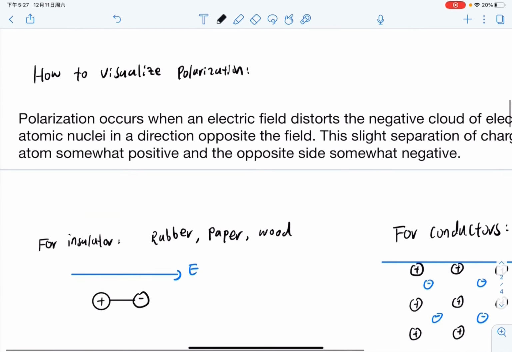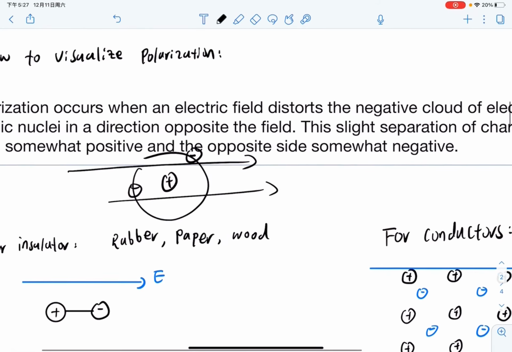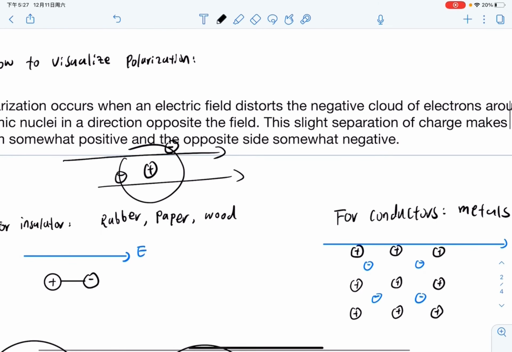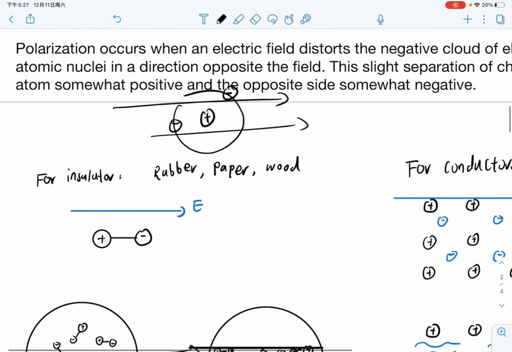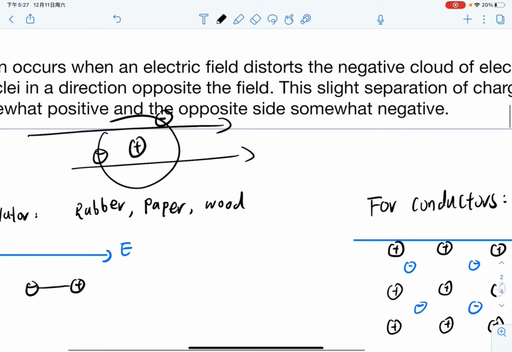So if you have a positive ion and here are just negative electrons, and if you have a field going that direction, the negative charge will just go that way, and the positive charge will just move that way.